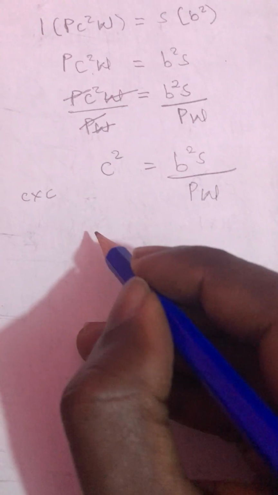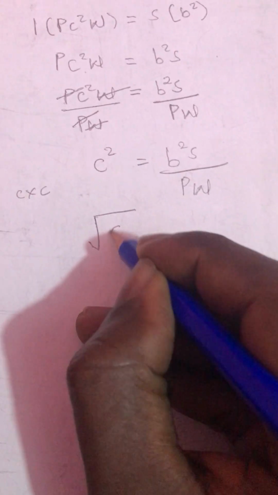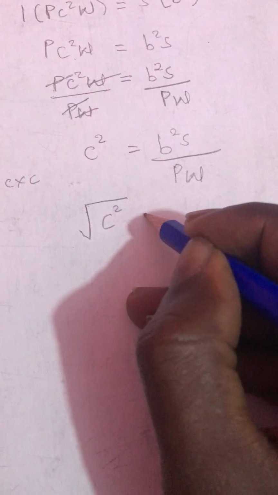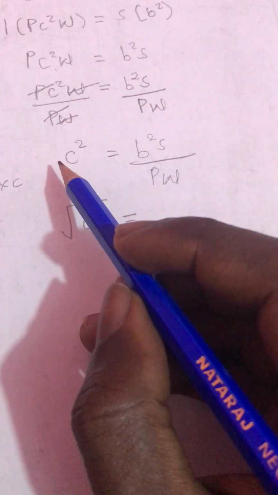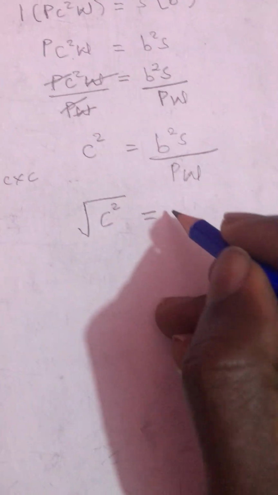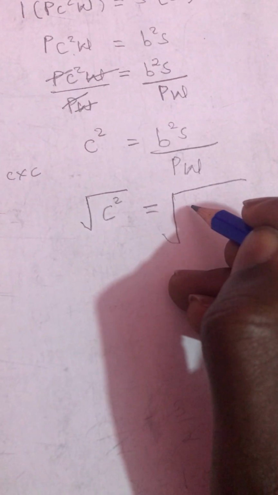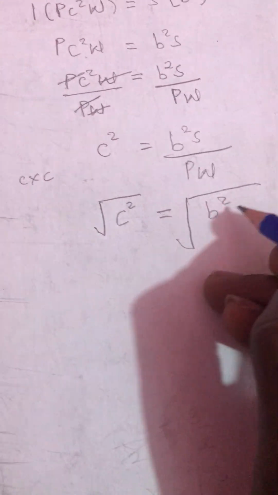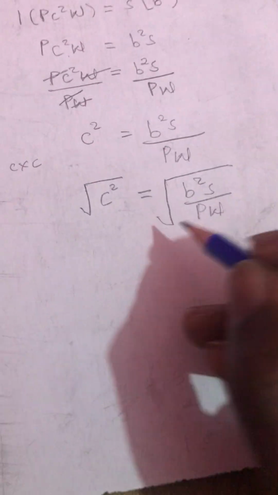So we are going to have the square root of C square equals, and remember, whatever you do for the left hand side, you do the same for the right hand side. So our right hand side will have the square root of the fraction B square S over P W, right?